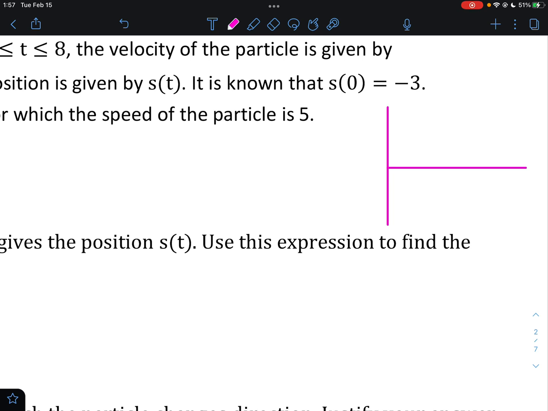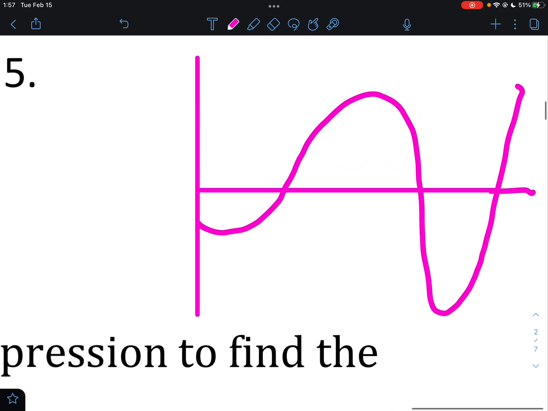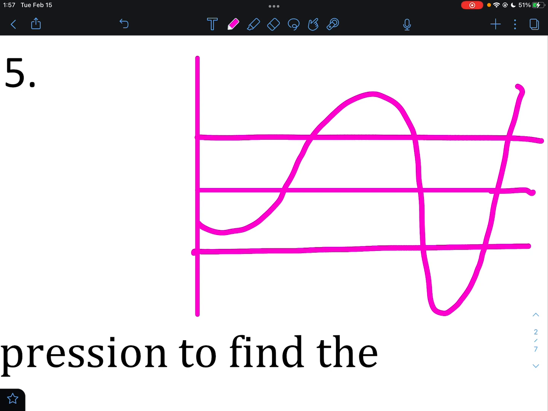My graph is slowly popping up on my calculator screen. All right, it looks something like that. All right, again, we're looking, when will the graph be 5 or -5? Only between 4 and 7.